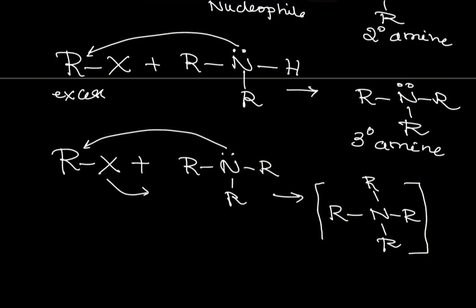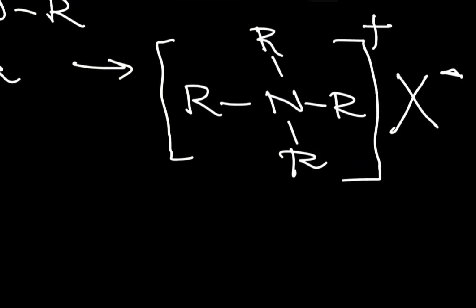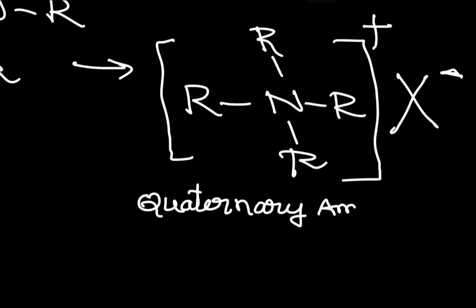Nitrogen donates its lone pair to the incoming R group and forms a positive ion, and that is neutralized by the negative ion. So this is called quaternary ammonium salt. Quaternary ammonium salt is formed whenever excess alkyl halide reacts with ammonia as the end product. Quaternary ammonium halide is the general name.